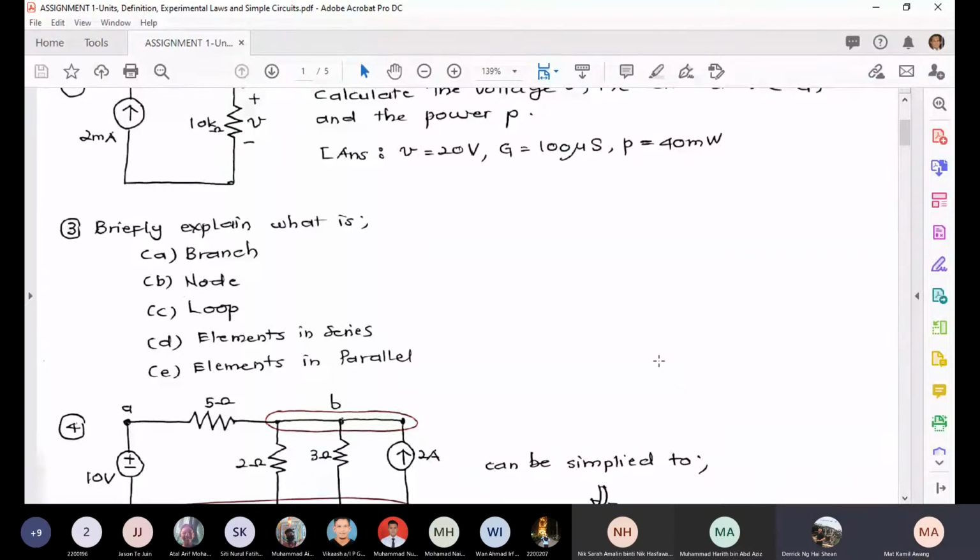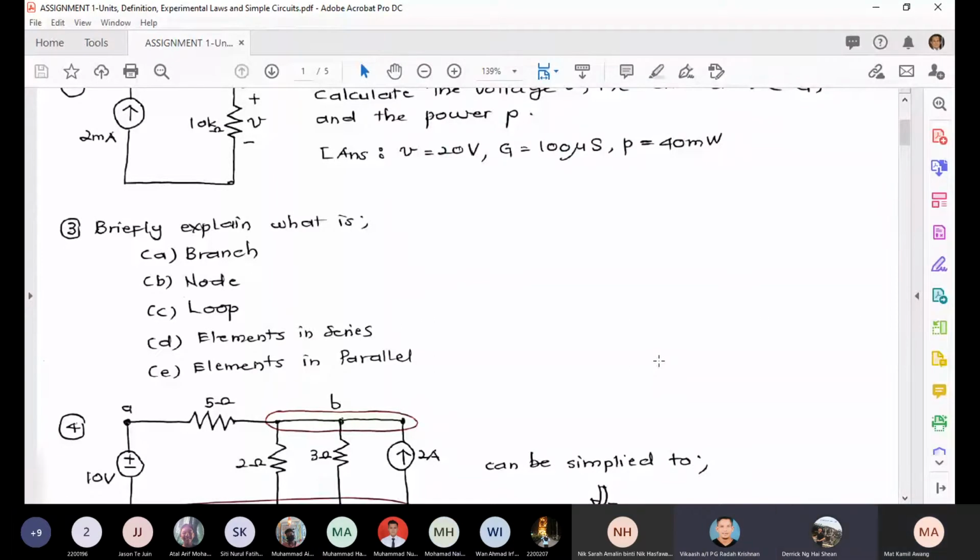Two terminals connected to one circuit, or elements. Okay.